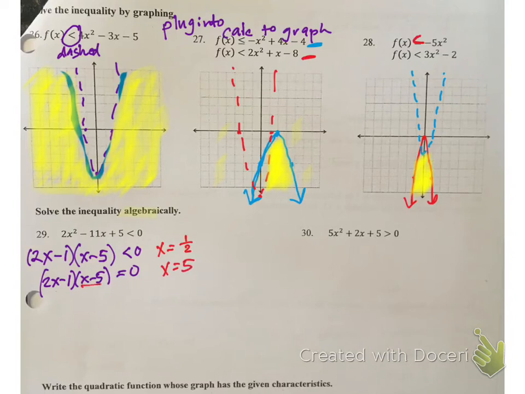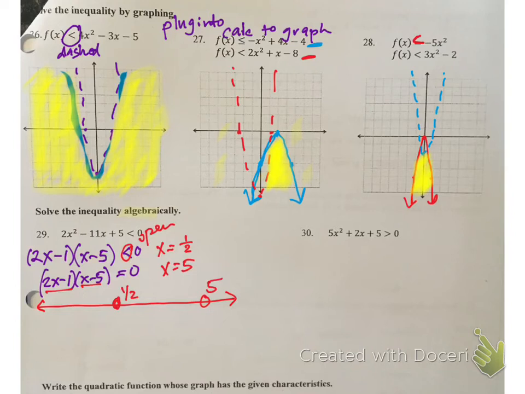And I did that by setting these equal to 0. So I'm going to put these on a number line. They are both positive. They would also be open circles because they have a less than sign, not less than or equal to. So I have, that's open, 1/2, and let's say this is 5.